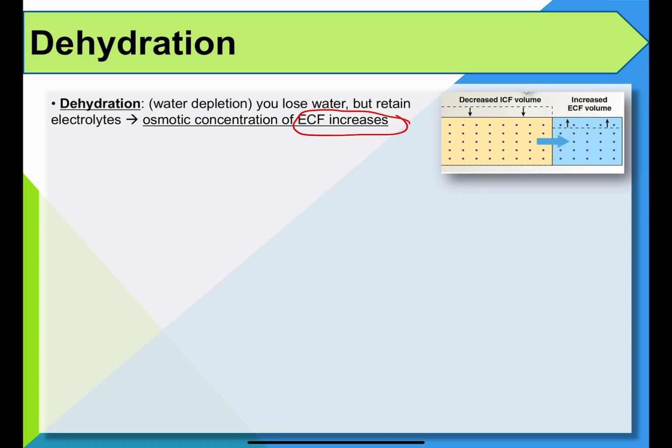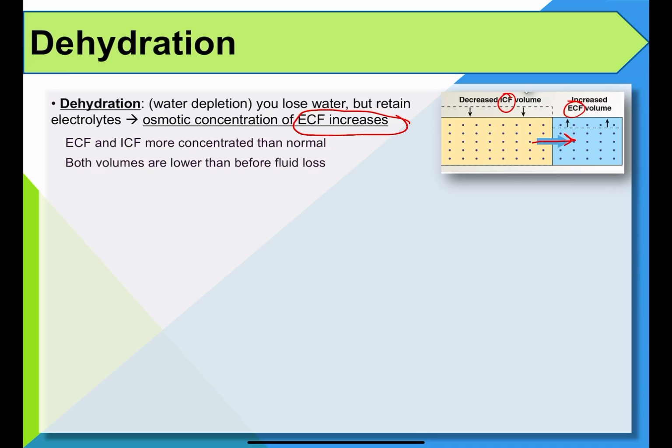So that's why fluid will move from your ICF into your ECF to compensate and balance the osmotic concentration differences between the two sides. But both ECF and ICF will be more concentrated than normal because their overall volume has decreased, and both volumes are now lower before your fluid loss.